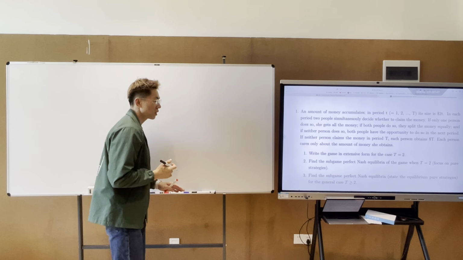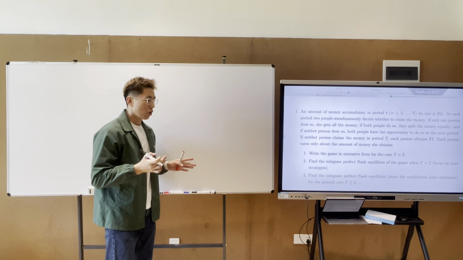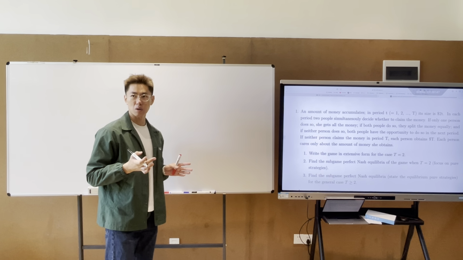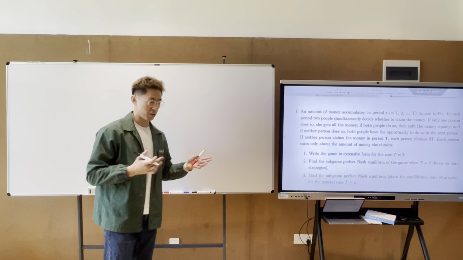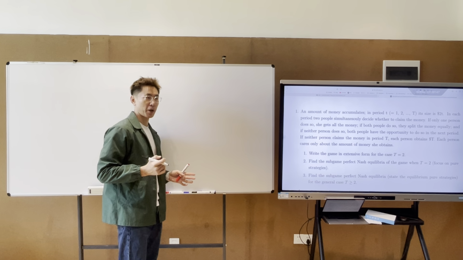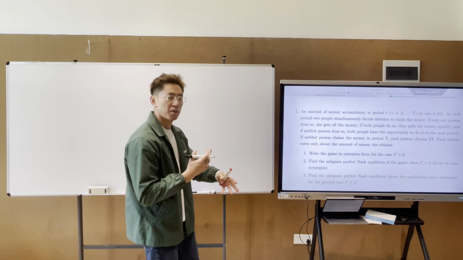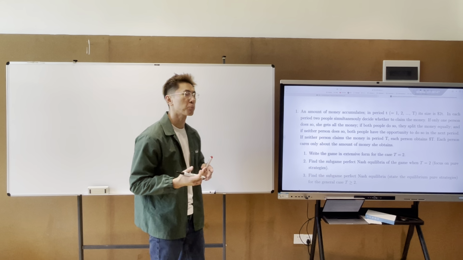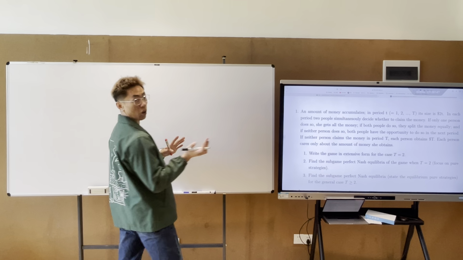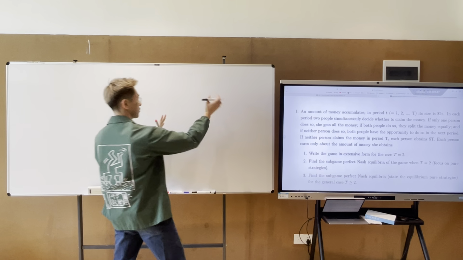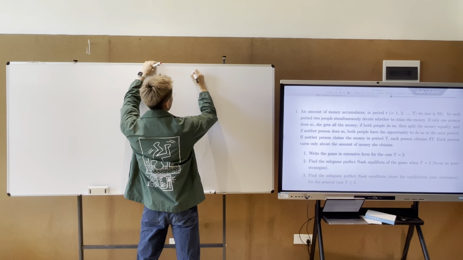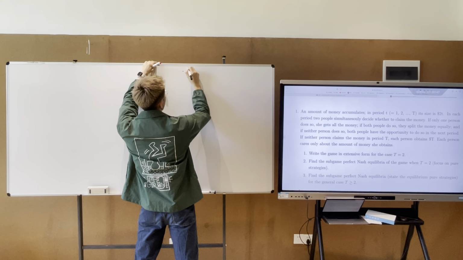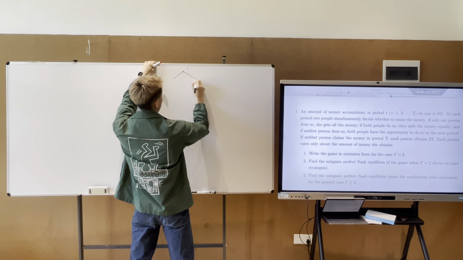Okay, so let's assume the total number of periods of this game is n. So this game is finite, but it is played n times. And we still write the game tree of this game. In period 1, we still assume that player 1 makes the decision first.